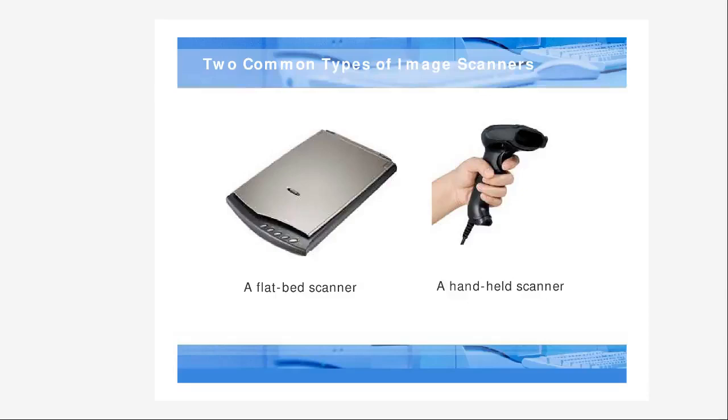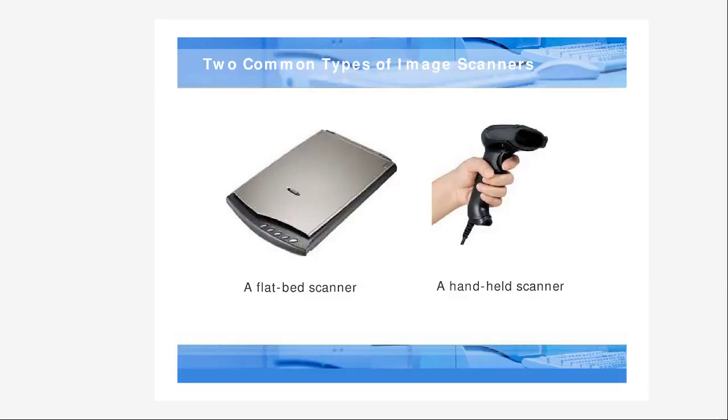The light beam is automatically moved horizontally, line by line, and when the light beam reaches the end of the page, automatically it converts into electronic format and is saved in the computer.